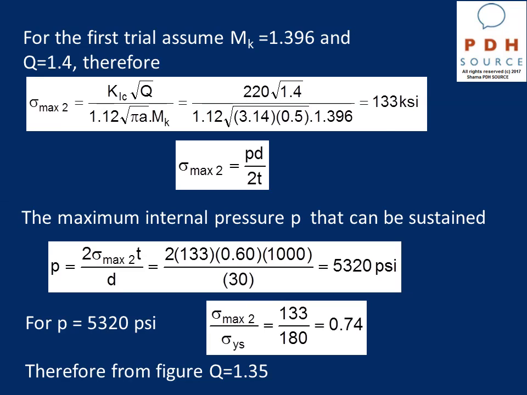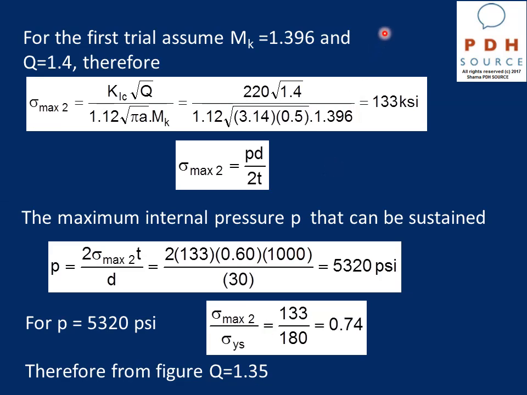We know that sigma maximum is equal to 133 ksi, so now we have a value of 133 divided by 180 equal to 0.74. We need to consult the chart again for Q. We find that Q is basically 1.35.